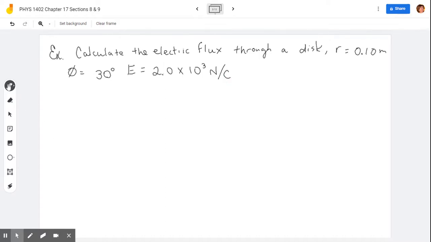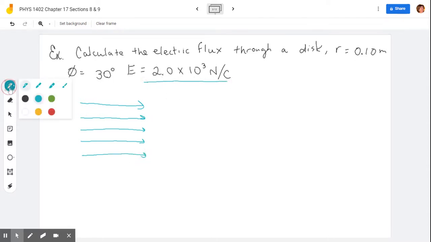Here's our picture. So we've got the electric field lines, and they're all pointing this way. Remember, this is our electric field right here. And then our disk is kind of at an angle.